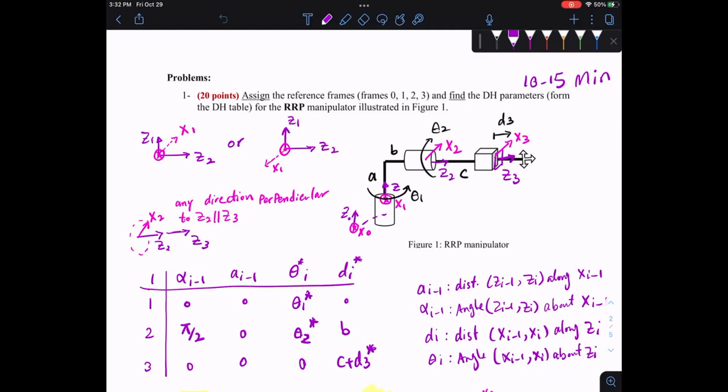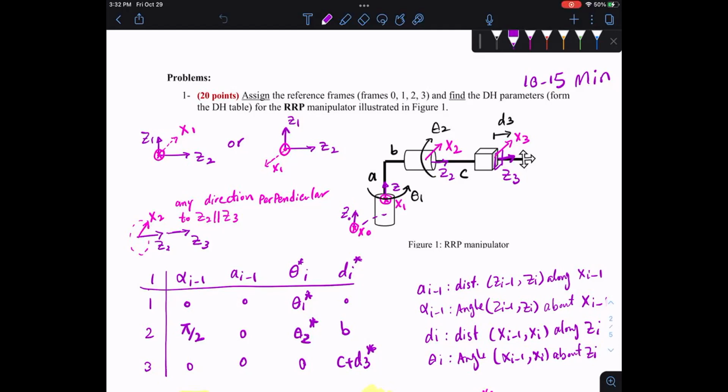Then for my third one, since it's my last, Z3, especially since this is a prismatic joint, I know it only has movement in one direction, right? And immediately after that is my end effector. I'm going to follow the end effector or whatever my third frame is. Then Z3 and Z4 will be in the same direction, right?